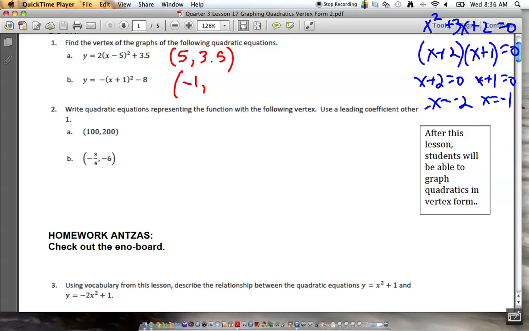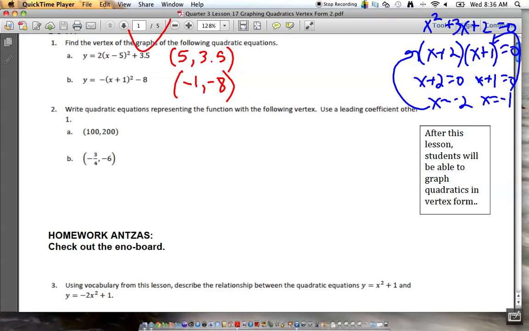Did you notice how the roots are reversed from the packages? Yes. Likewise, with horizontal shift, it's reversed in the package. So just remember, if it's in the package, you end up reversing it at the end. Make sense? Okay. And what's the y-coordinate of the vertex? Negative 8. Good.